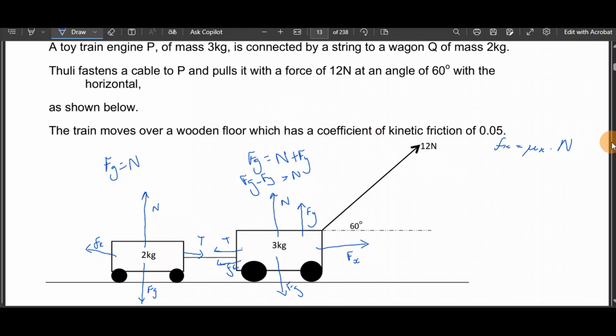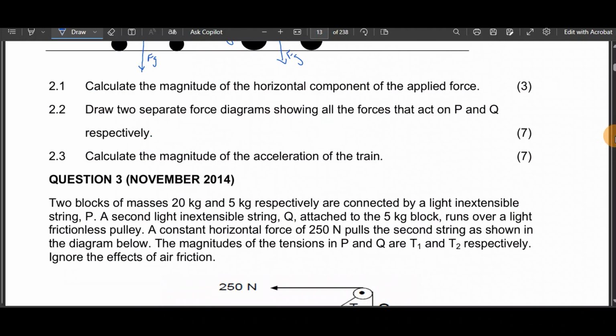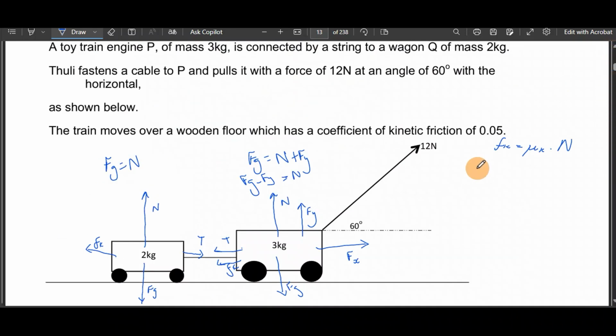Okay, let's see the questions. Calculate the magnitude of the horizontal component of the applied force. Okay, so the horizontal component is the Fx. And because we have our angle here, right? Let's make it into a triangle. This is our horizontal one, and this is our vertical one, right?